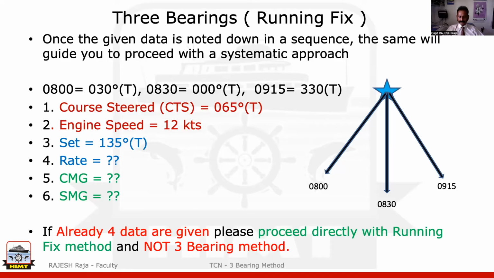So you need to save time in your exam, because approximately you will see that in any competency exam, for second mates or mates, each question you can dedicatedly give around 20 minutes. You can go 5 minutes extra, but that way you'll be eating off the time of the next question.